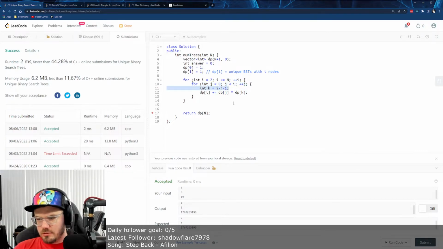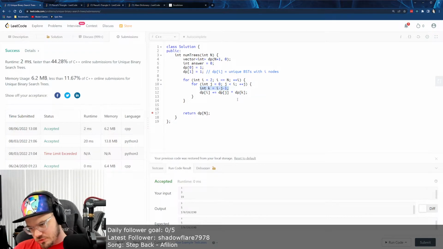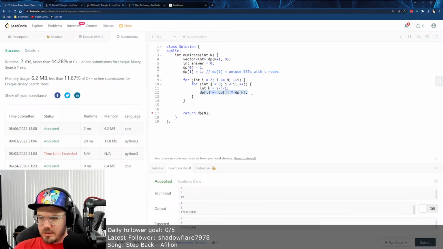And then we can use I and J to calculate the number of nodes in the subtree on the right. And then we increase dp of I, because dp of I has to take into account all of these. We increase it by the product of dp of J and dp of K, and then that gets you the answer.